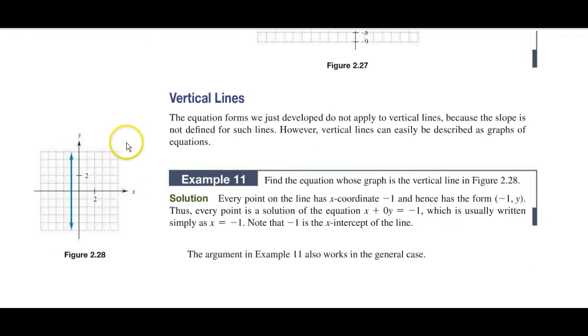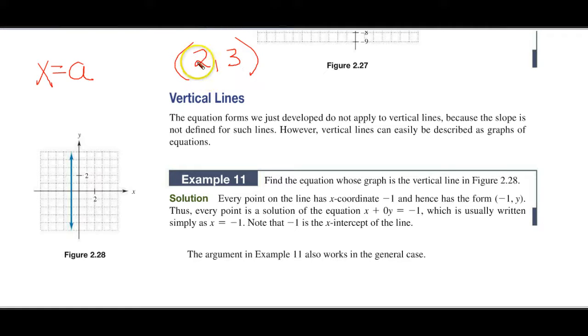Now, whenever they ask you to find an equation of a vertical line, this ought to be easy. Why is it easy? Because if you remember, the equation of a vertical line is x equals a, and they want a vertical line to go through 2, 3. This ordered pair, by the way, is sometimes written a, b.